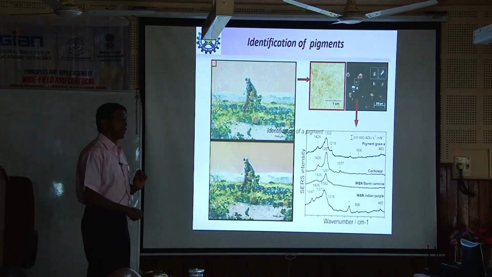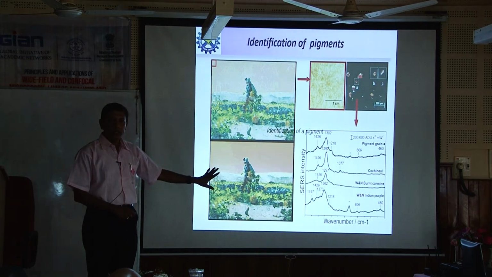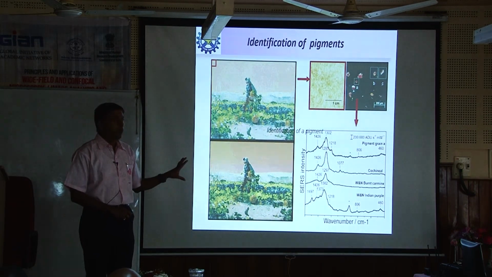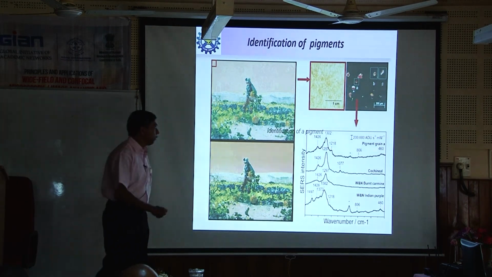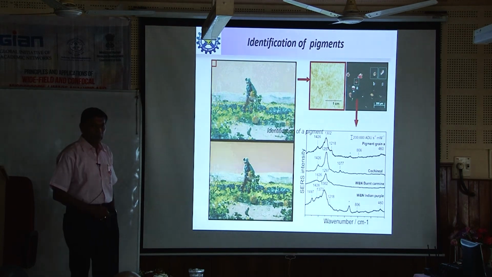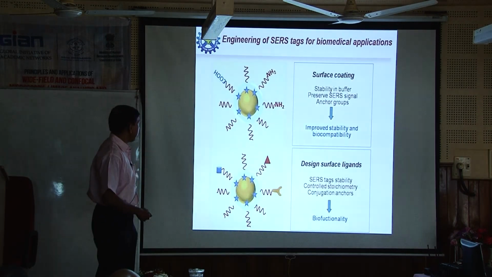So, you may easily detect the molecules, and that detection will be a signature peak for that particular identification. That way you may detect as a label-free detection; the identification of pigments is one case.